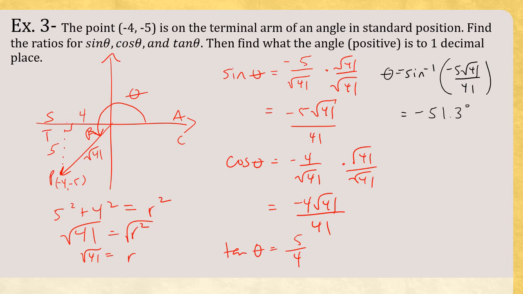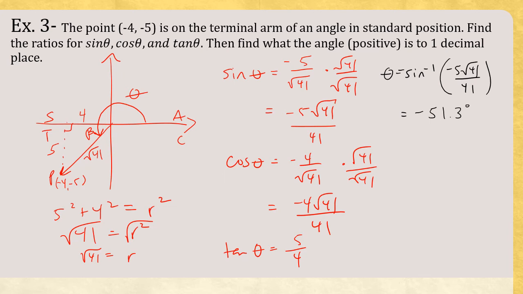So if we're talking about sine being negative, we have a negative 5 root 41 over 41. How does your calculator know that you want the one in quadrant 3 or quadrant 4? Because sine's also negative in quadrant 4. Your calculator, how do they know? They don't. So what your calculator does is it picks the closest answer that it could come up with to the x-axis. So the closest answer from basically 0.